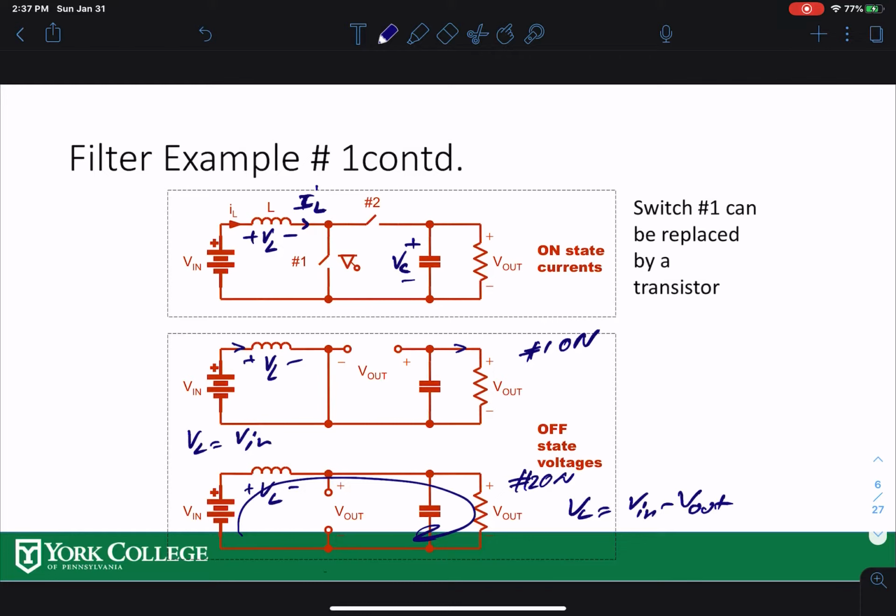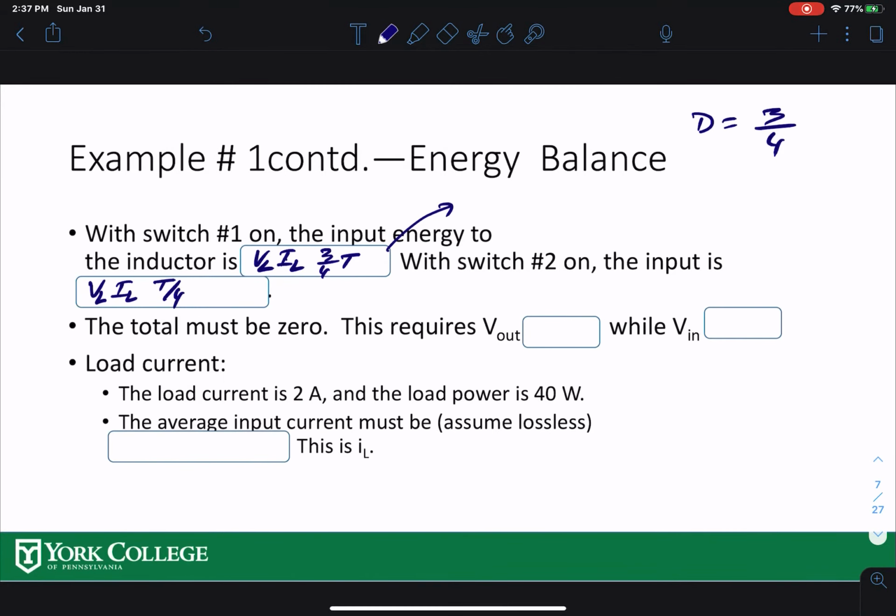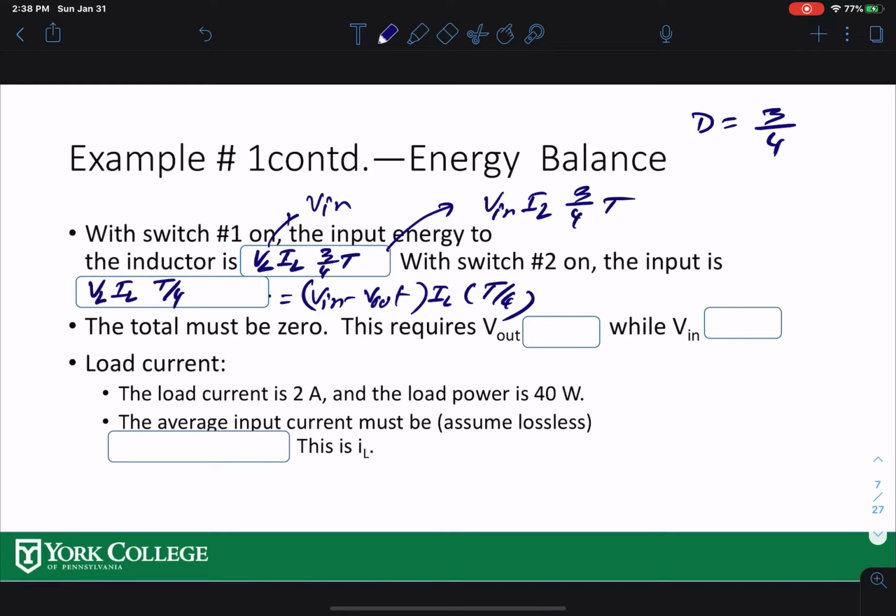So this VL would be replaced by V in, and this one would be replaced by V in minus V out times IL times T over 4, and this one becomes V in IL times 3 over 4 T.